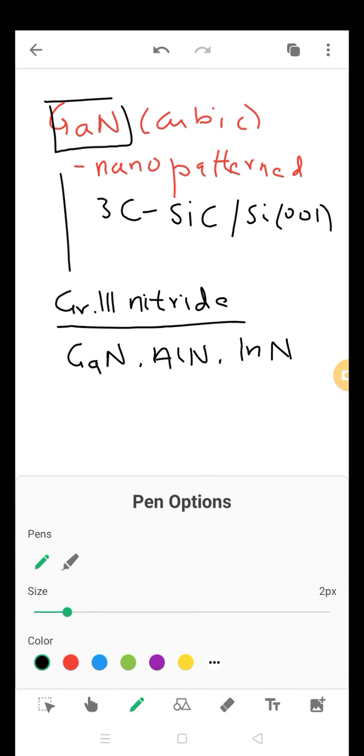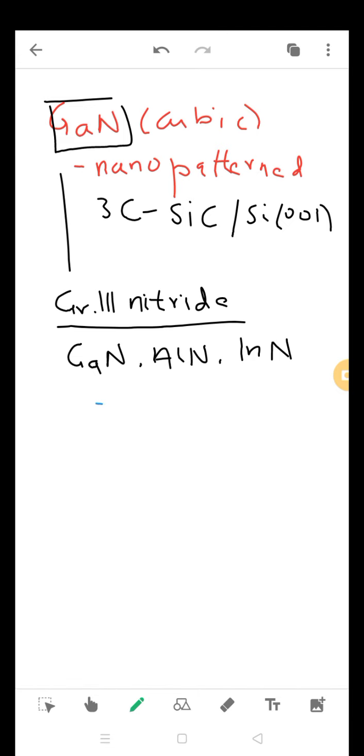They have the following properties. They have a wide band gap.